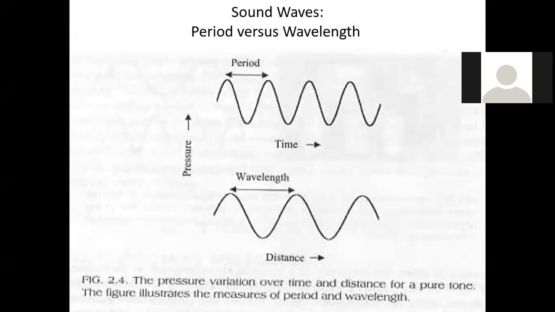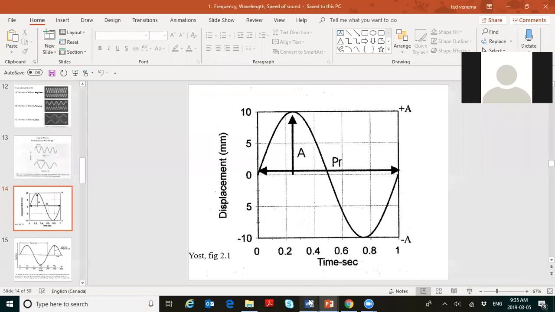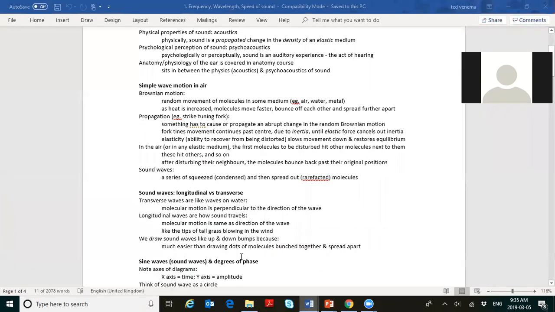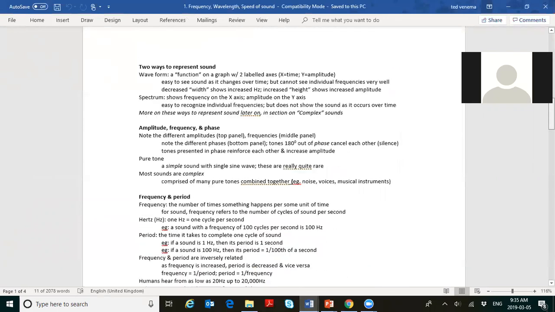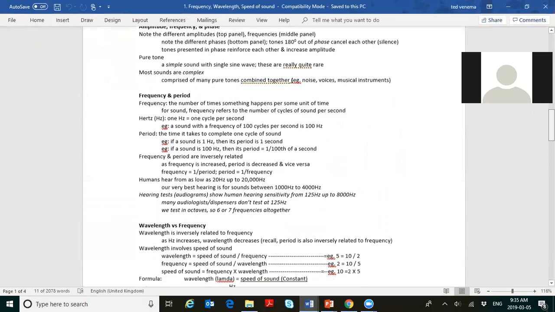Period: the time, T-I-M-E, the time it takes to produce one cycle. So if we alternate what we're doing here and look at our notes and scroll down, okay?